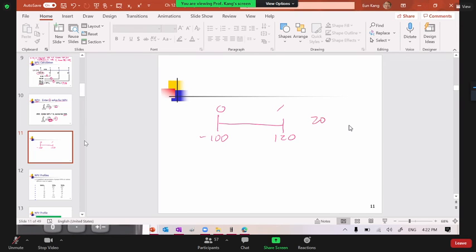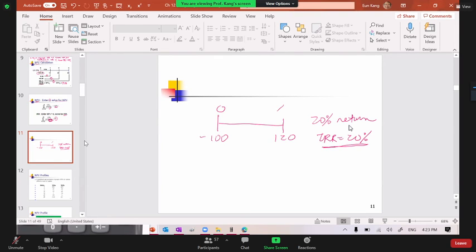So it's a 20% return. And if I ask you what is IRR? Actually, IRR is 20%.